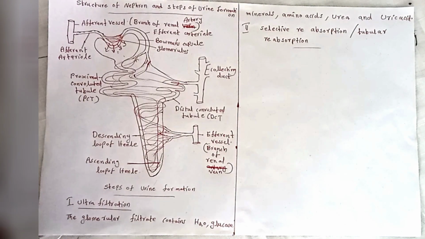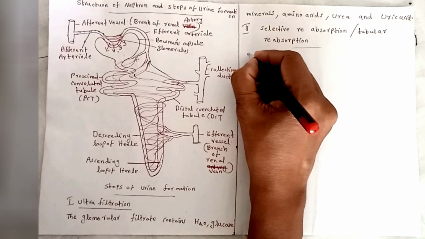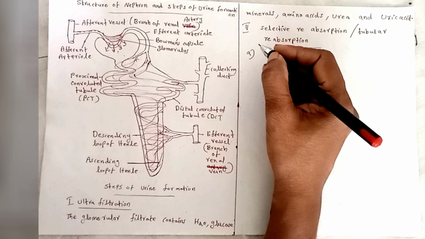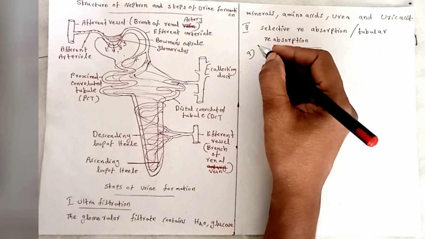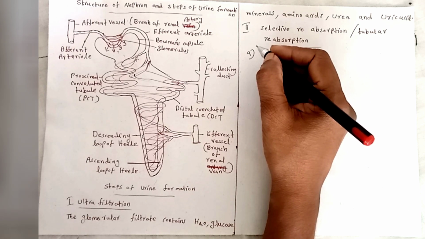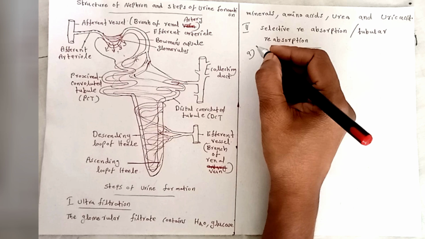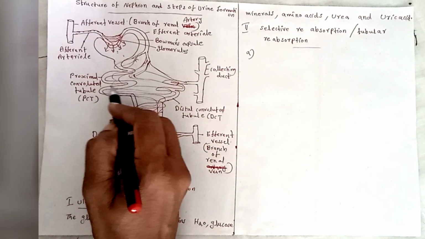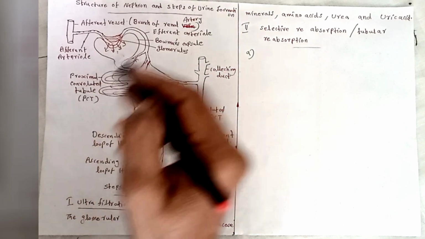What are the substances? First, about 65 to 85% of filtrate is reabsorbed in the PCT, including water, glucose, amino acid and salt. This is the proximal convoluted tubule, that is PCT.